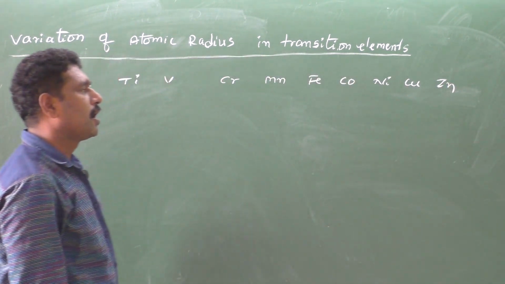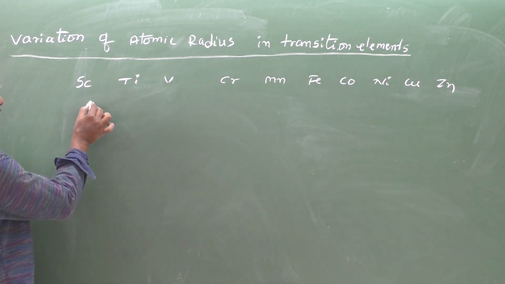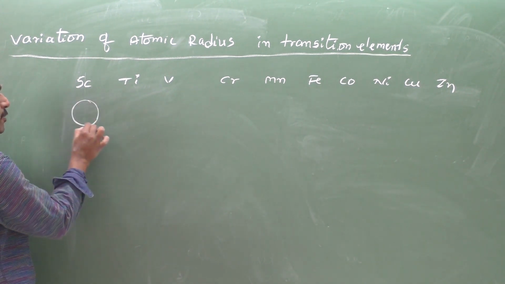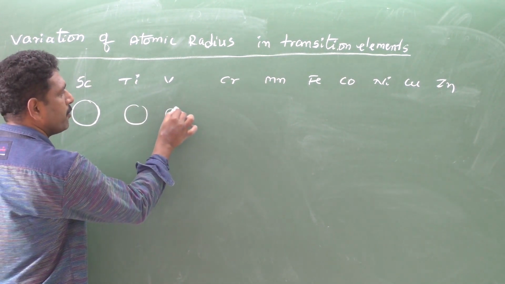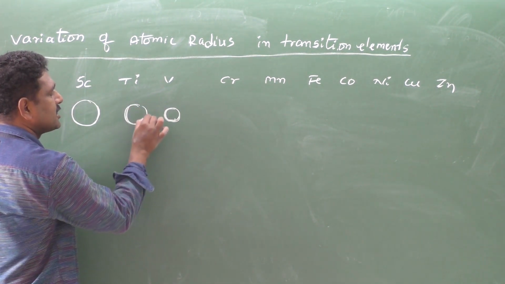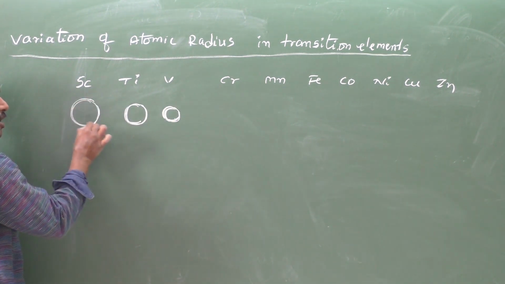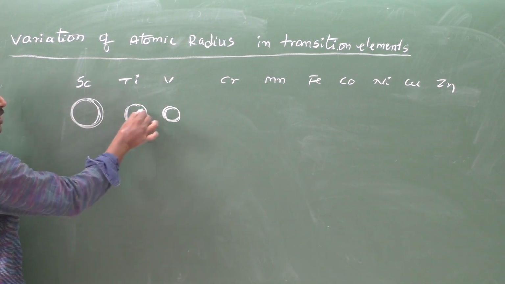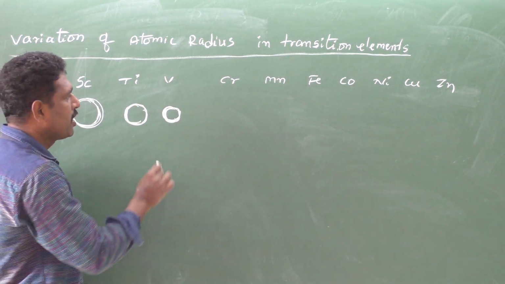So from scandium to titanium to vanadium, the radius decreases. This is the size of scandium, this is the size of titanium, this is the size of vanadium.